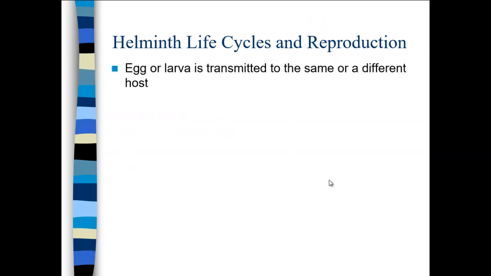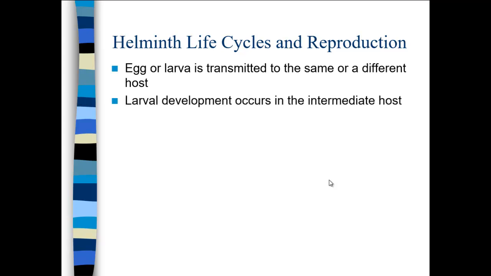Okay. And so in this particular instance, the egg and larva can be transmitted to the same host, can be reinfected, or they can be infected to a different host. The larval development occurs in the intermediate host, and the intermediate host may experience symptoms at this point or may not.